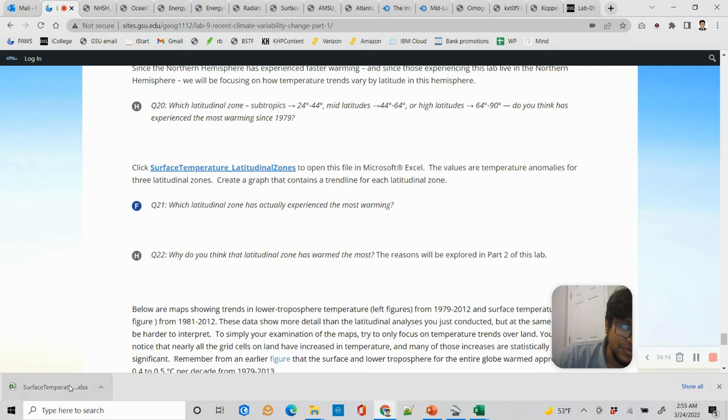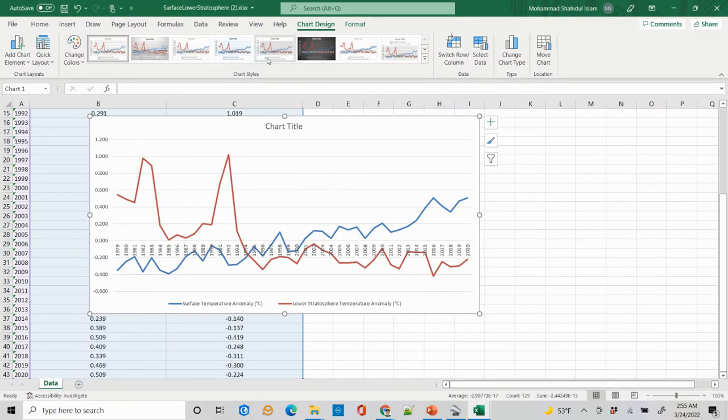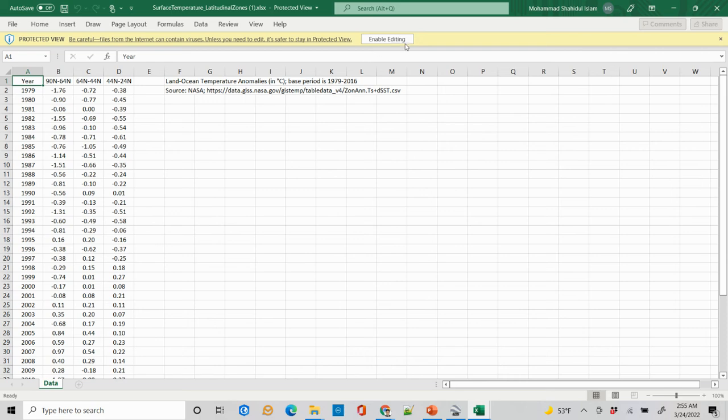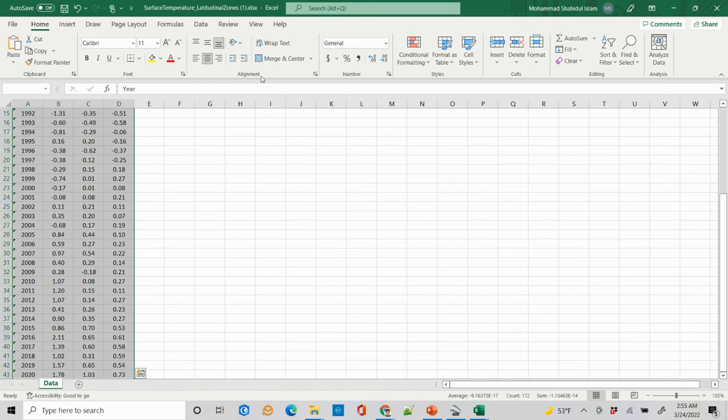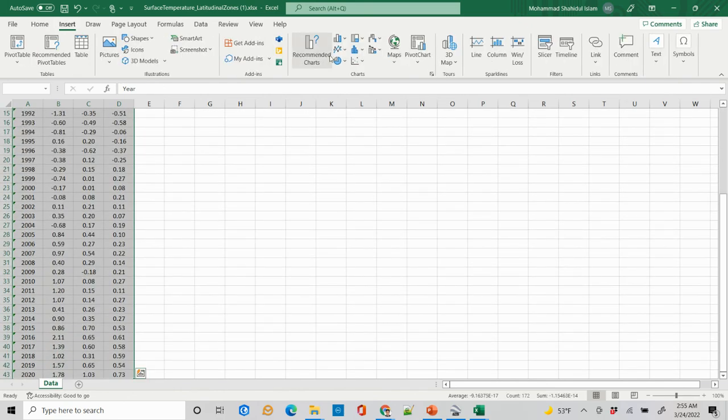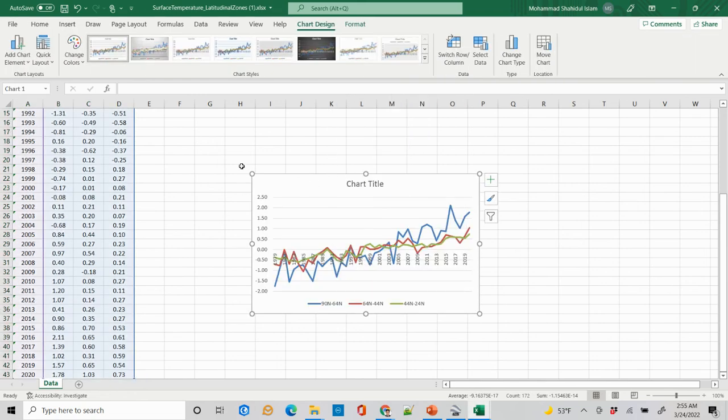You just need to make the graph again as usual, the way we did in the previous one as well. That Excel graph is actually talking about three regions: the 90-degree N to 64, high latitude, mid latitude, and the lower latitude region. All you need to do is make a graph about them, and then insert a line diagram.